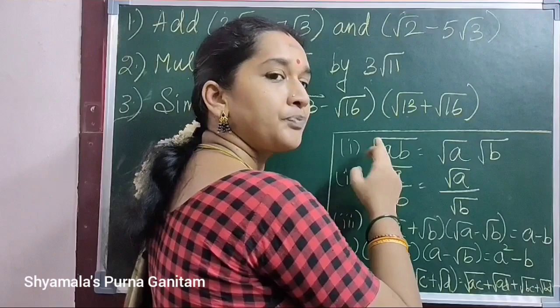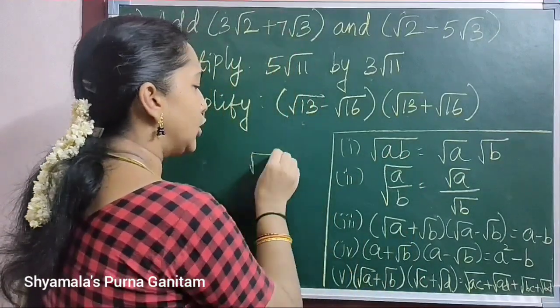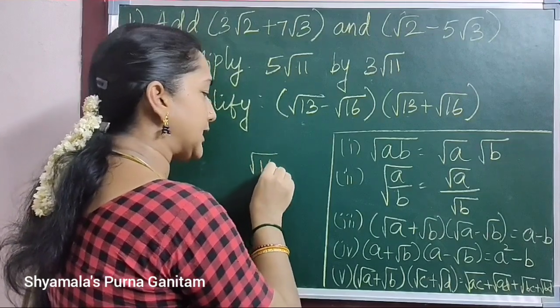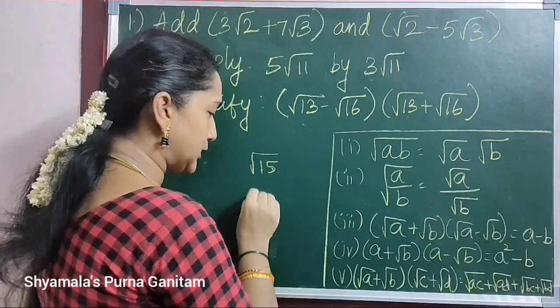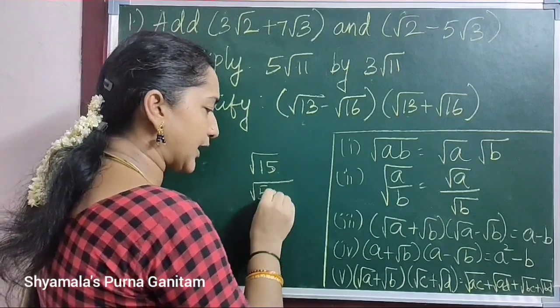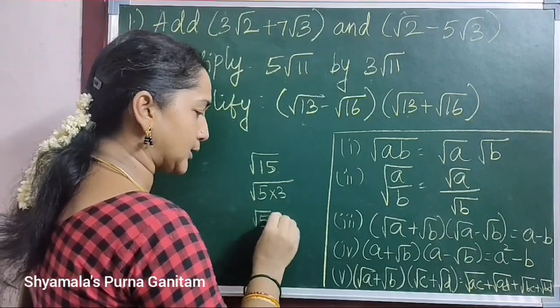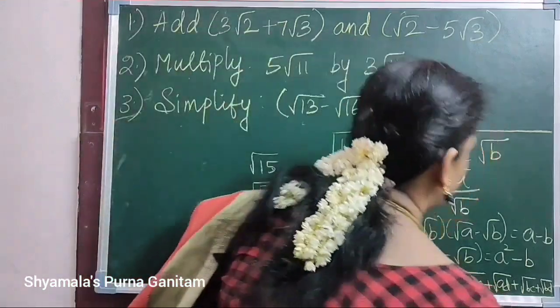If you have a number here, for example, root 15 is there. If you have root 15, this one you can write it as 5 into 3. That is AB. This you can split it and write it as root 5 and root 3. Clear? So this is the first one.